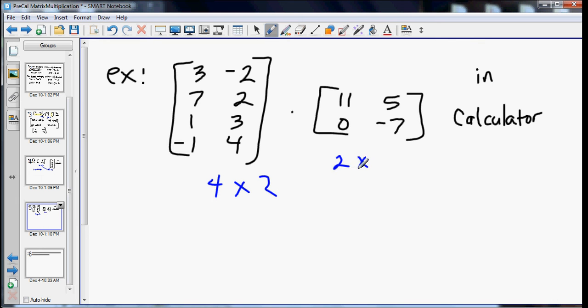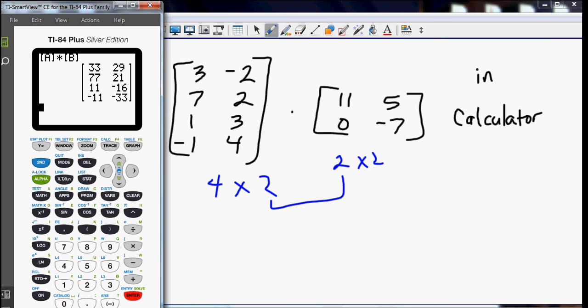So if you hit second matrix, okay, come on calculator, you can do it. I missed the second somehow. Alright, hit second matrix. The first thing that comes up is names. Now you cannot change what this matrix is in this spot. You have to move over to the right to where it says edit. That's where you can edit the contents inside.